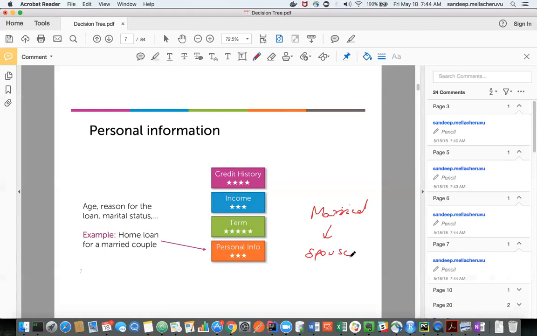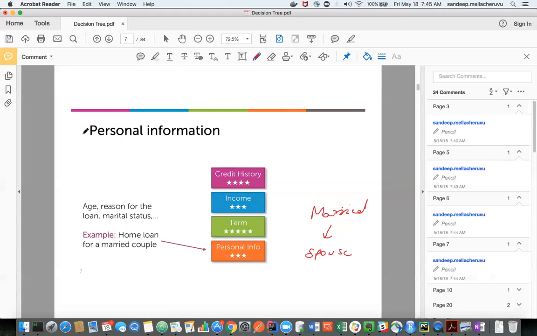If that person is not able to repay, you should ask that person's spouse to repay. So a home loan for a married couple is going to be much easier, because the spouse can repay at least, assuming both of the couple are working, not just one person.